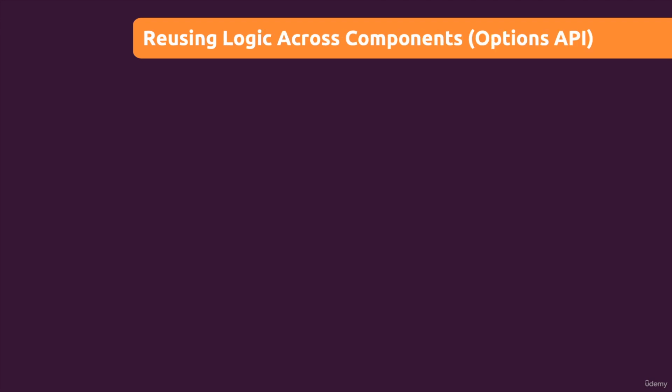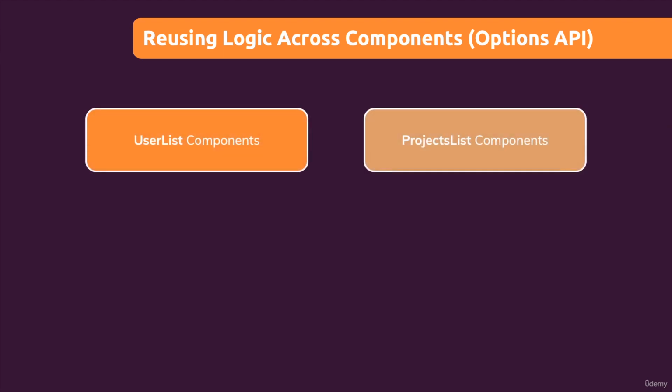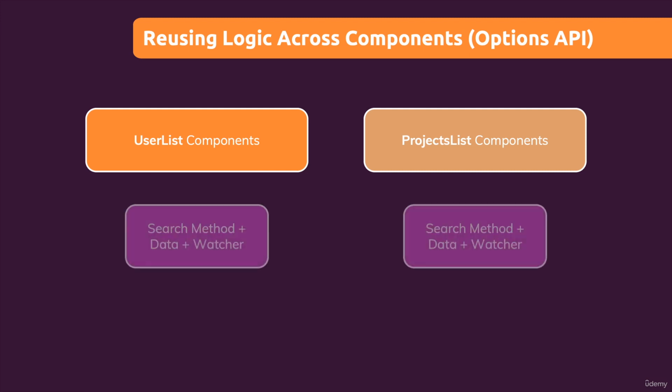Because what if we have two components that have related or similar logic in them? For example, the user list component with a search method, data related to search, and a watcher related to search. And then we have the same logic in another component. In such cases, creating a new component which has this combined logic might not always be possible.